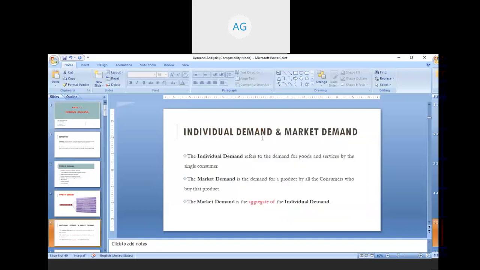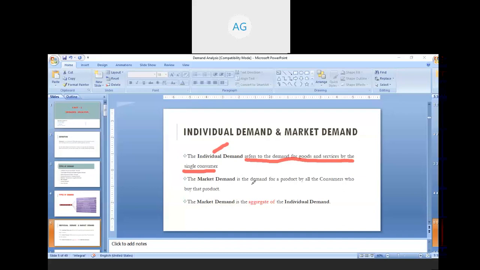First is individual demand and market demand. Individual demand refers to the demand for goods and services by a single consumer. As the word individual suggests, these demands for goods and services are made by a single consumer.